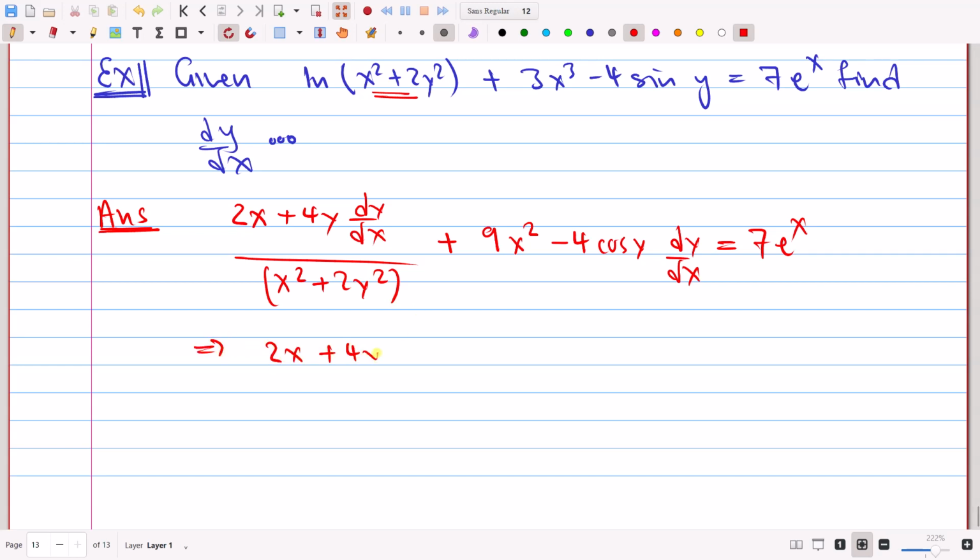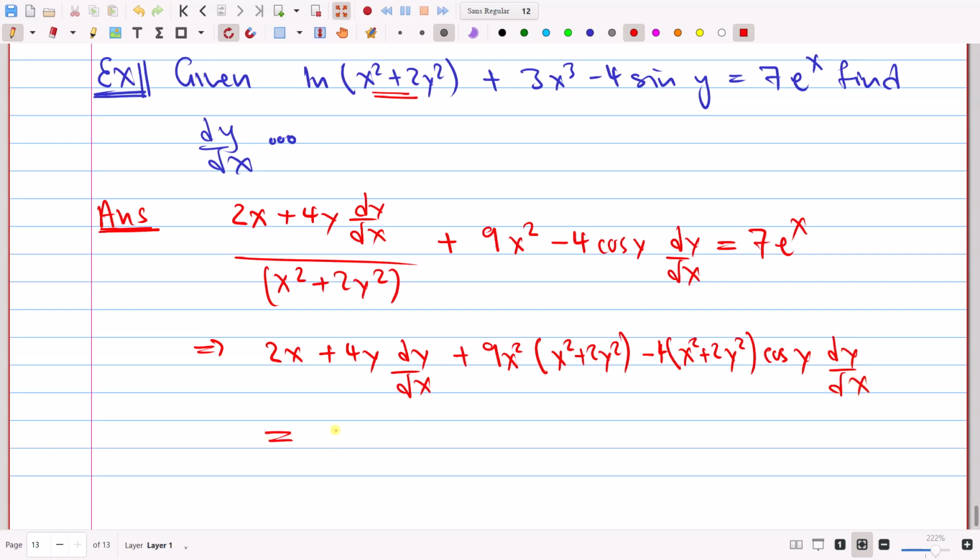When I cross multiply, I get (2x plus 4y dy/dx), then plus 9x squared multiplying (x squared plus 2y squared), then minus 4 times (x squared plus 2y squared) cos y dy/dx is equal to 7(x squared plus 2y squared) e to x, like that.